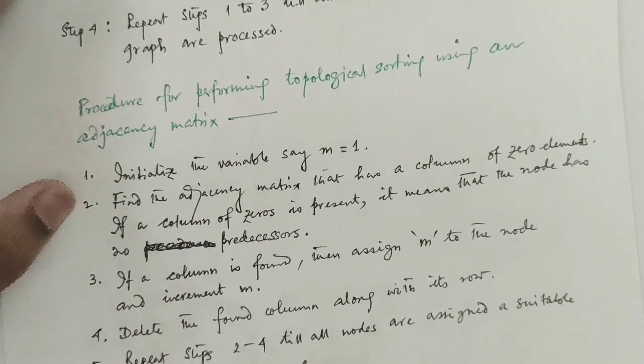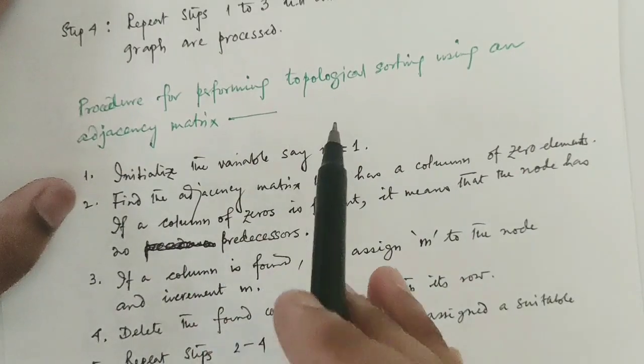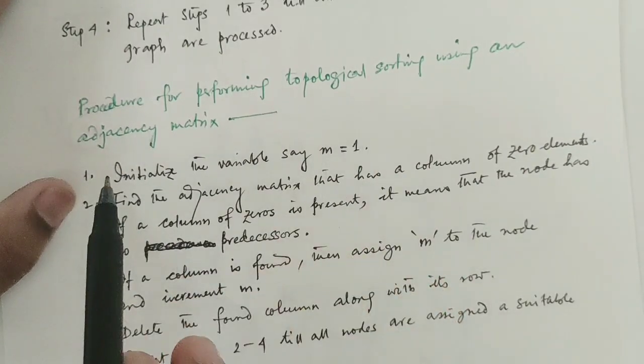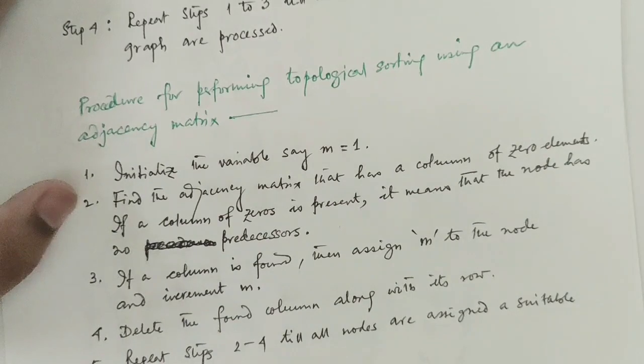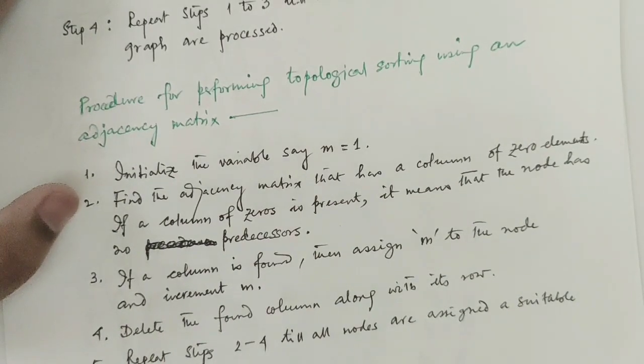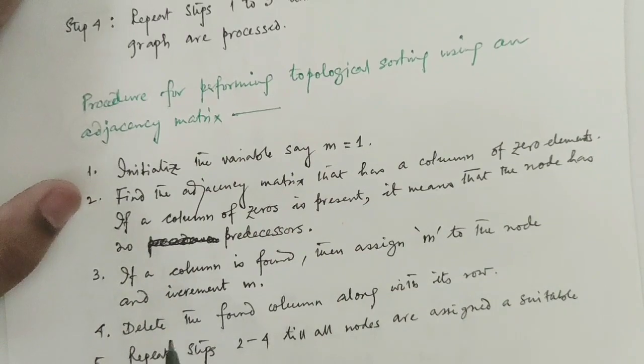If such a column is found, then assign m to the node and increment m. That means give the current value of m to that vertex. Initially it was 1, meaning order 1, first. So assign the initial value of m to the vertex. And delete the found column along with its row.